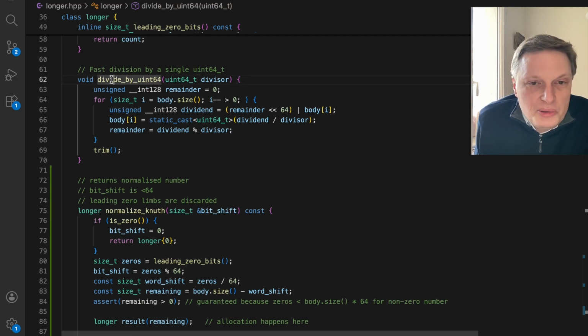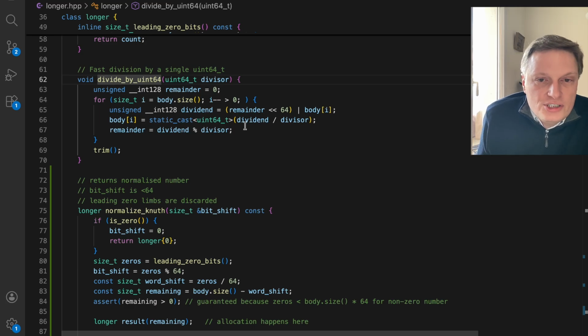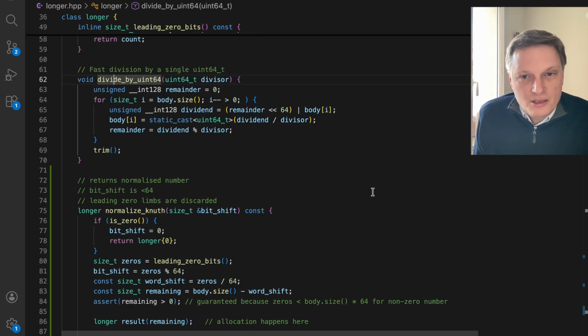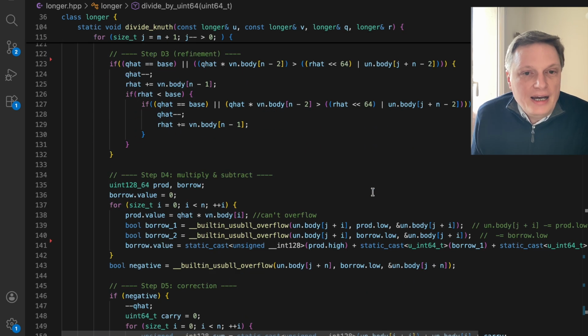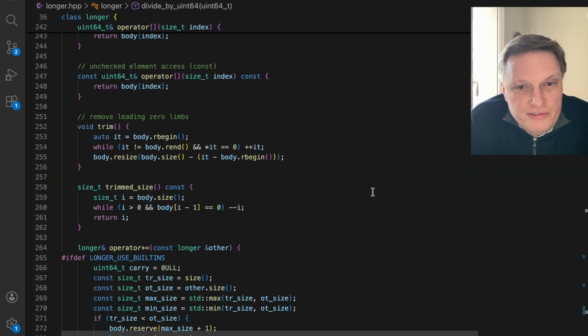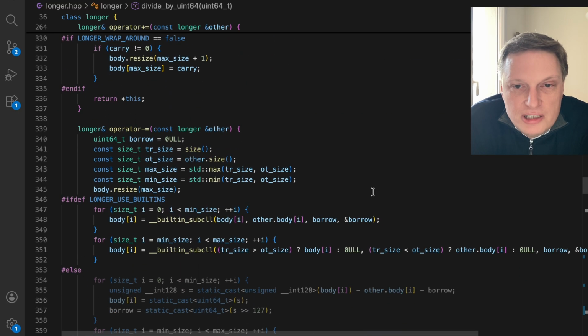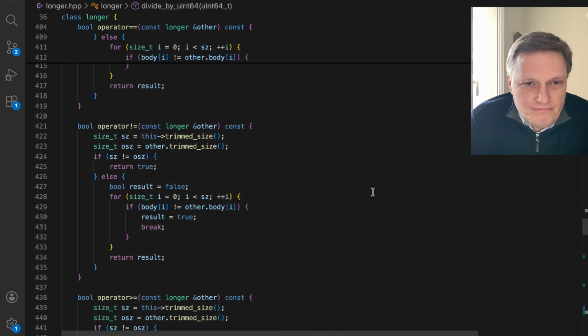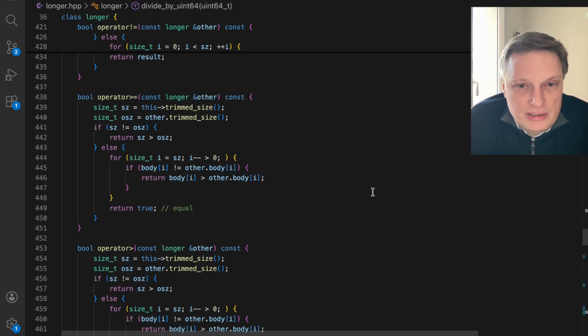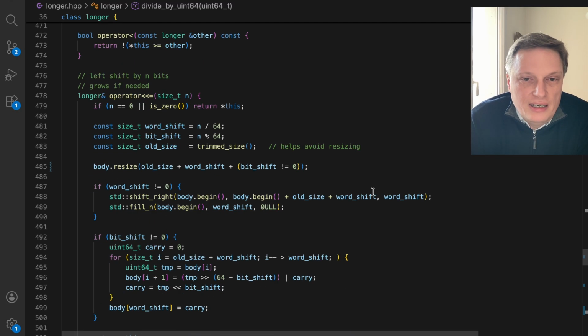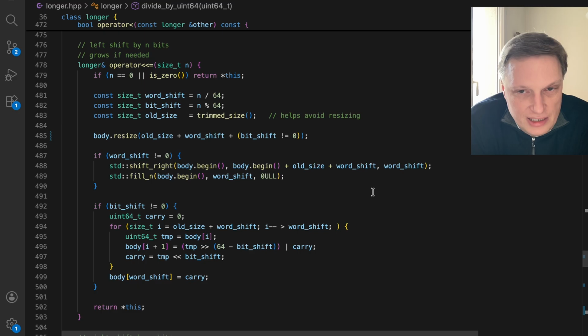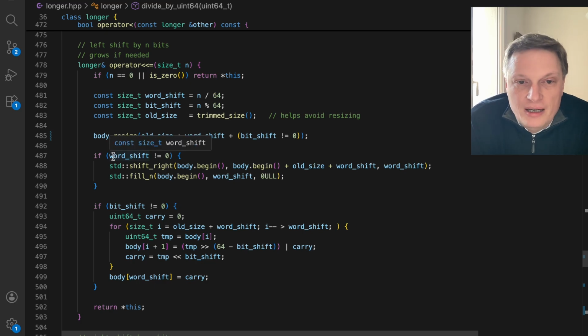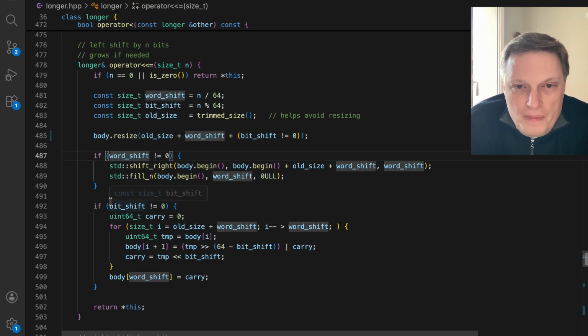Divide by UN64 handles division by a single-digit number, which doesn't fit Knuth's prerequisites. And finally, the shift operators, which deserve a few words, because there is a design choice. Either perform the exact shift in a single loop, or do a word shift first, and then a bit shift. And I took the latter path.